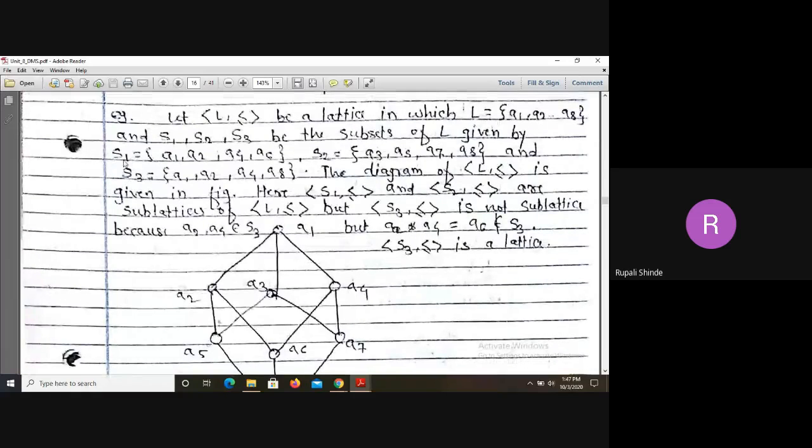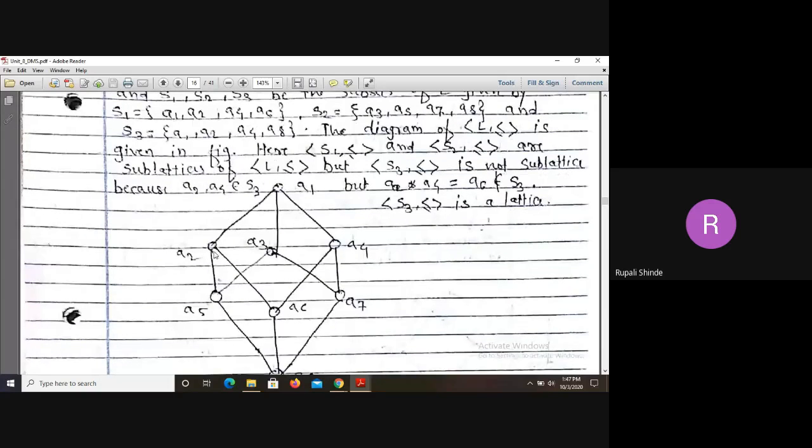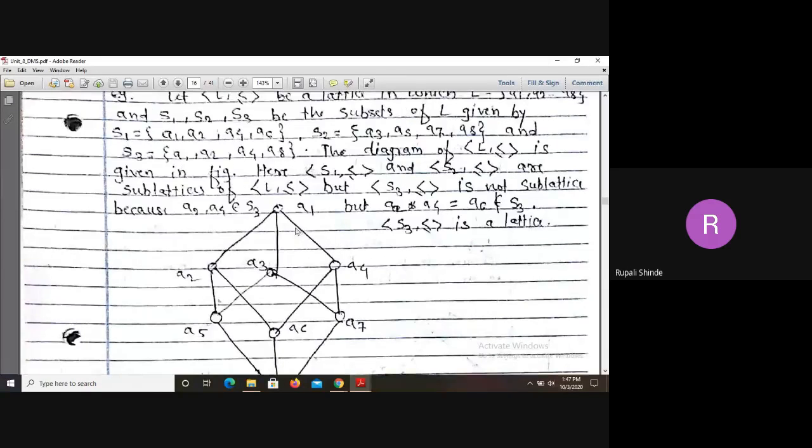If you observe S1, it contains A1, A2, A4, A6, and all those elements are present in the given lattice. So we can say that S1 is a subset of L. So this first property we have satisfied.